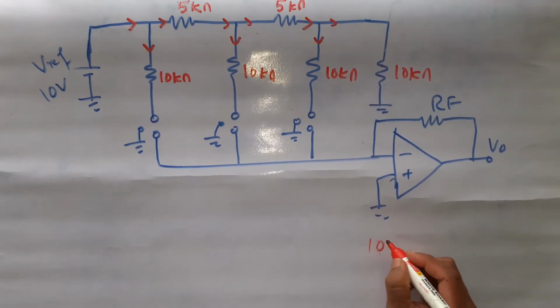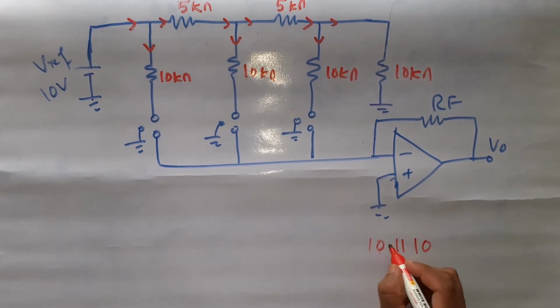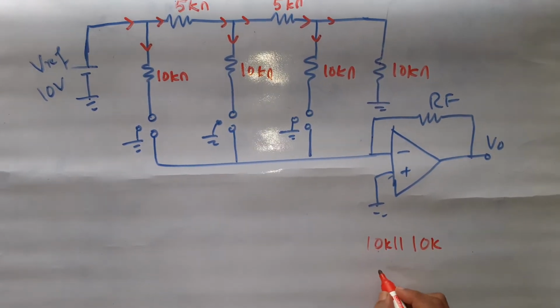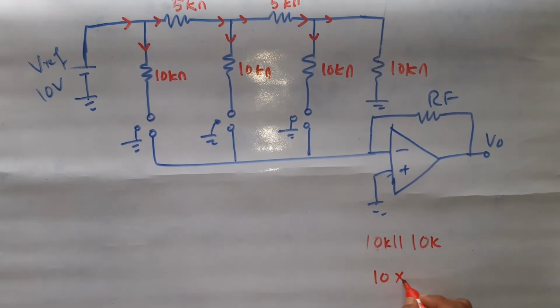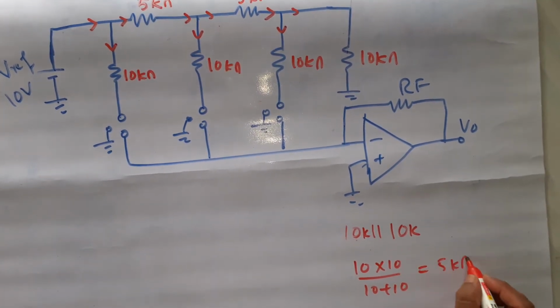If 10k is parallel with another 10k, it means 10 into 10 divided by 10 plus 10. We do this like this, right? So this will give you 5 kilo ohm.